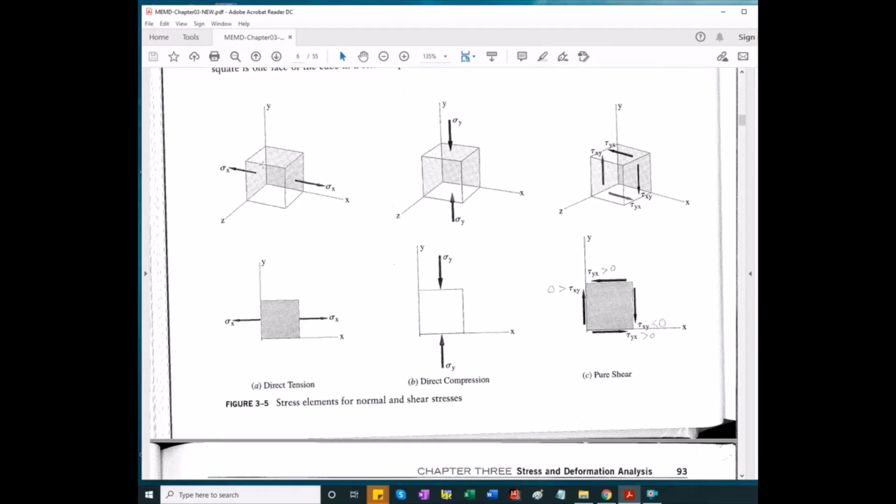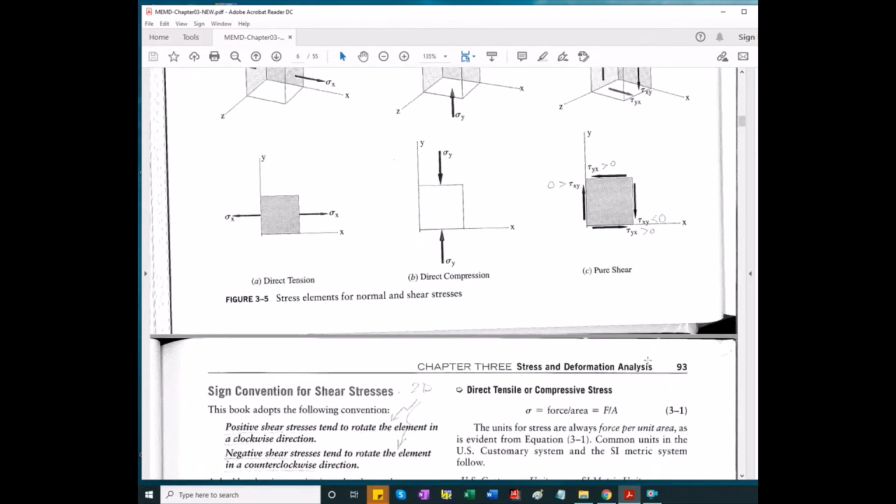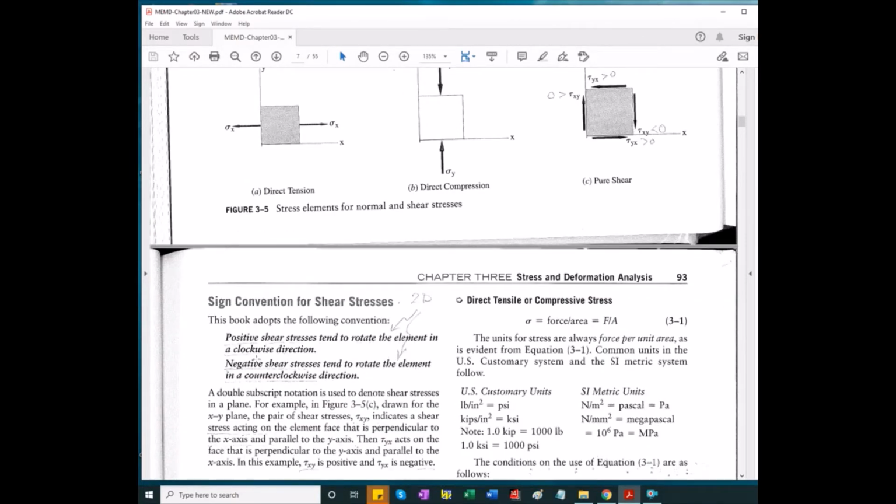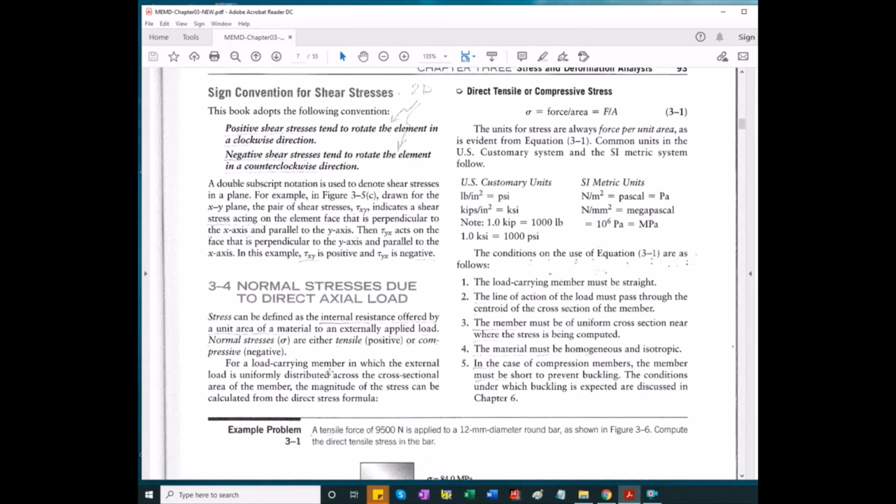All right, so tension in the x direction, compression in the y direction, pure shear. The sign convention is that when the shear stress tends to rotate the element in the counterclockwise direction, that's assumed to be a positive shear, and when it tends to rotate the element in the clockwise direction, that's a negative shear stress.